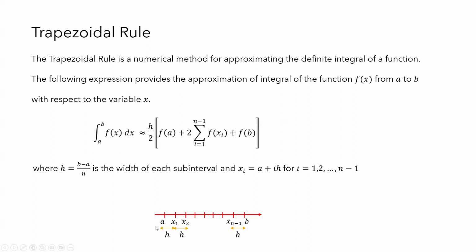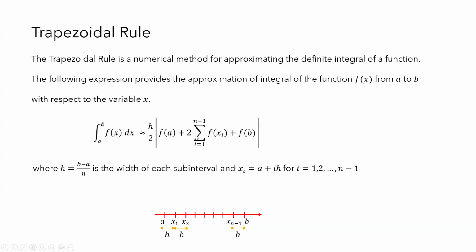That means the difference between two consecutive x values is h. So each x value is given by a plus ih.